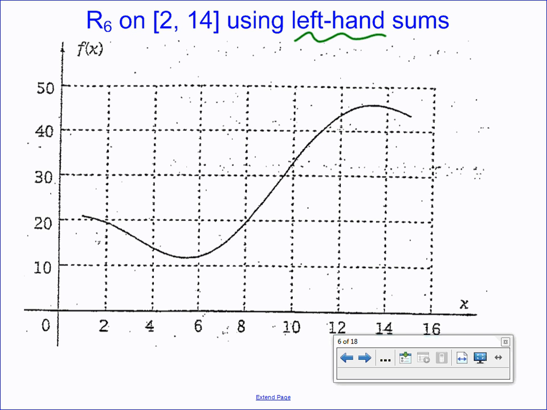Once again, we can determine my delta x value by considering the length of the entire interval divided into n equal rectangles. So b minus a all over n can be used to calculate the width of each subinterval.